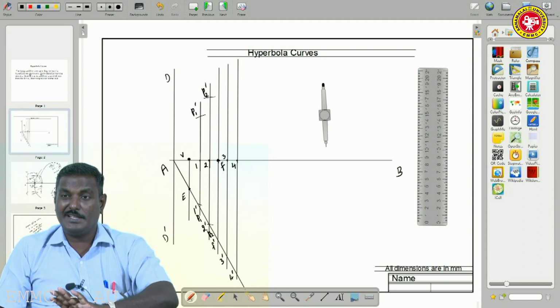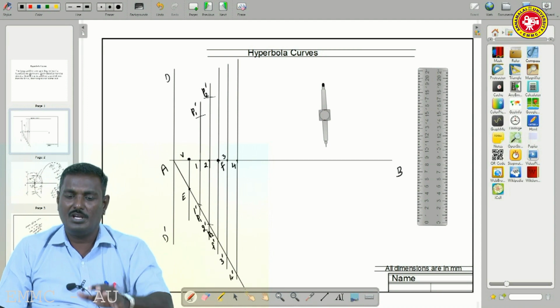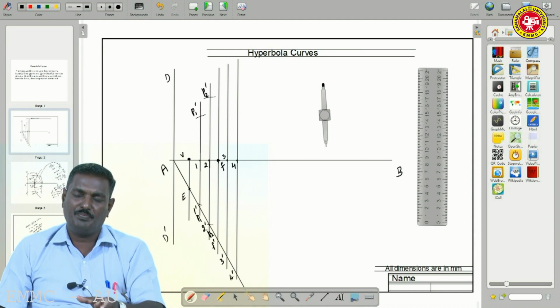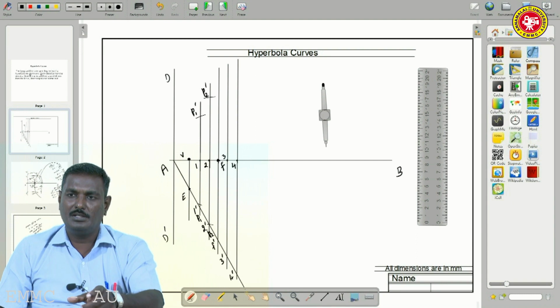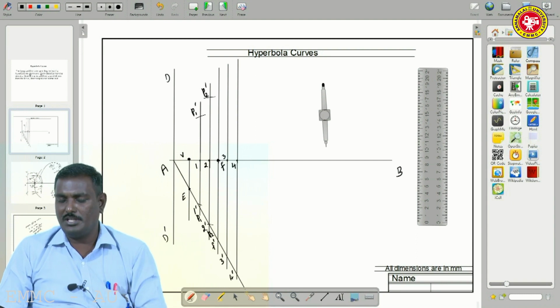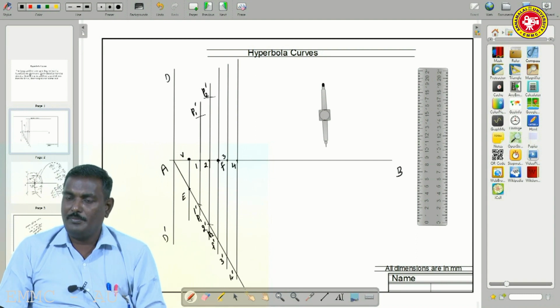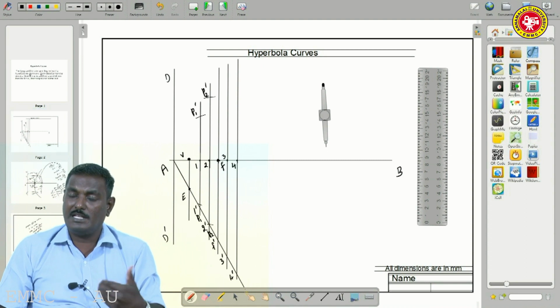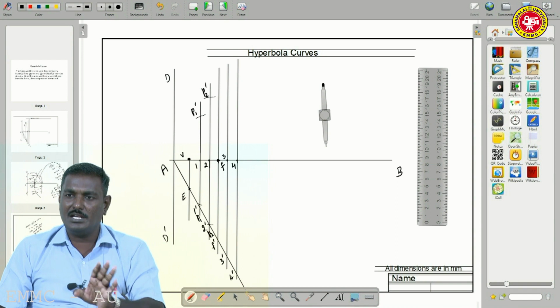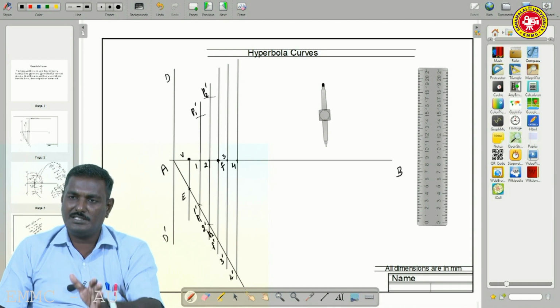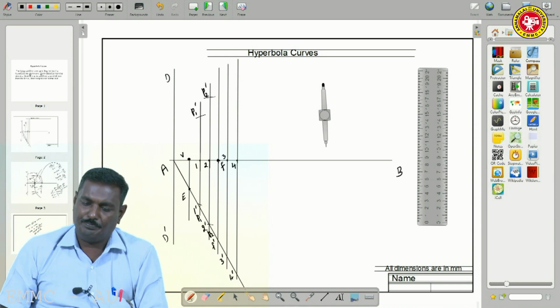The AE extended line is a construction line used to construct the hyperbola. So try to remember that.